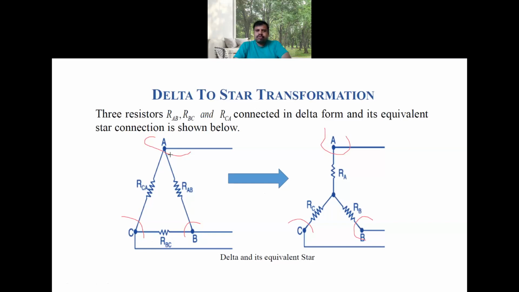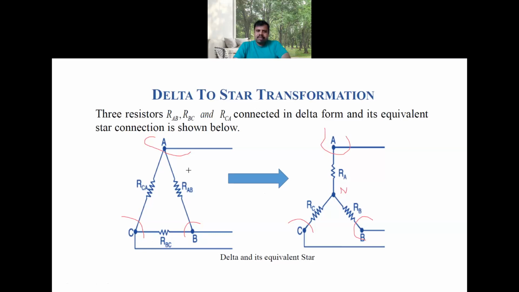That is a question. Let us designate the element connected to terminal A as RA, the element connected to B as RB, and the element connected to C as RC. In the star connection, there is a common point, which is in general known as a neutral.